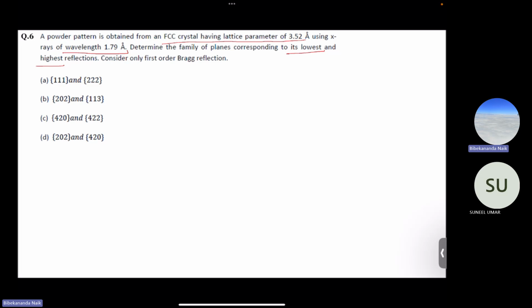We need to find out what will be the correct answer that corresponds to the lowest and highest reflections. So the lattice parameter a is 3.52 angstrom and the wavelength of X-ray used is 1.79 angstrom.